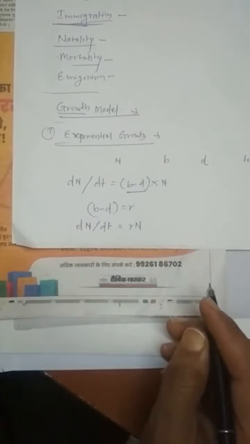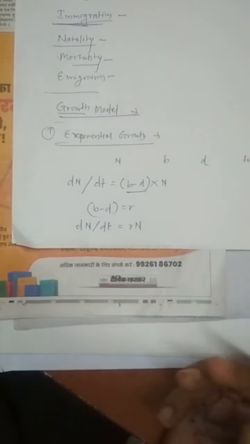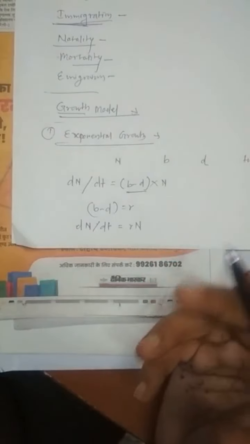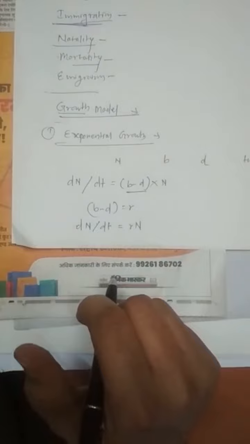Then r in this equation is called the intrinsic rate of natural increase.